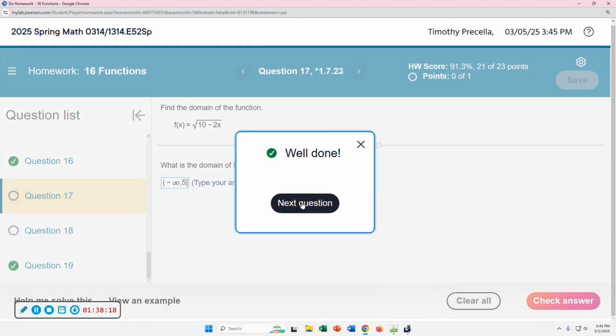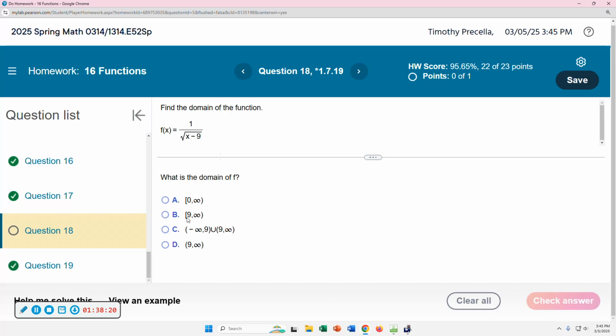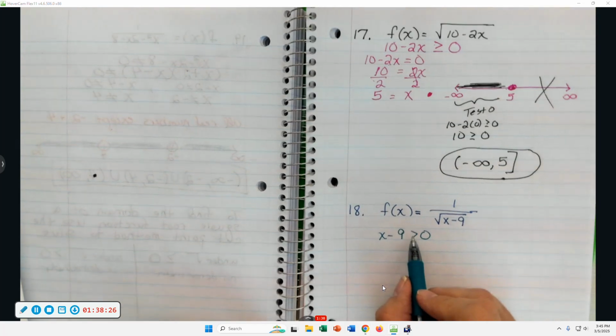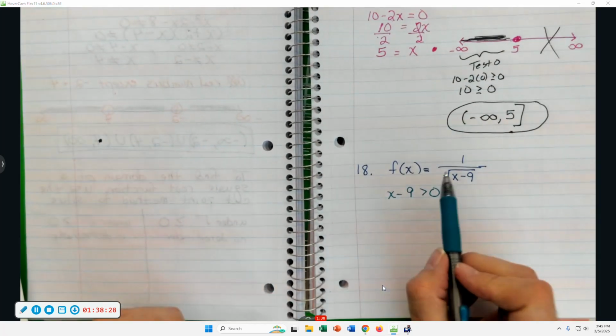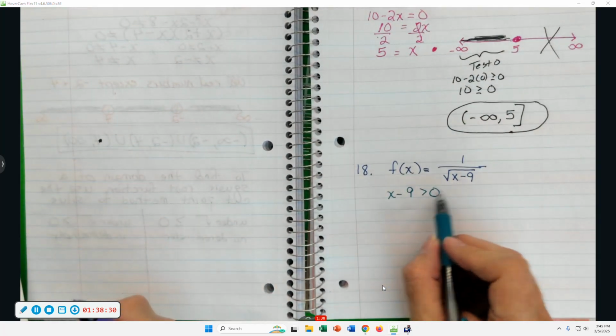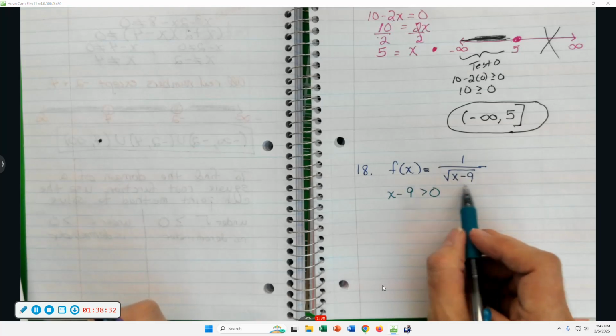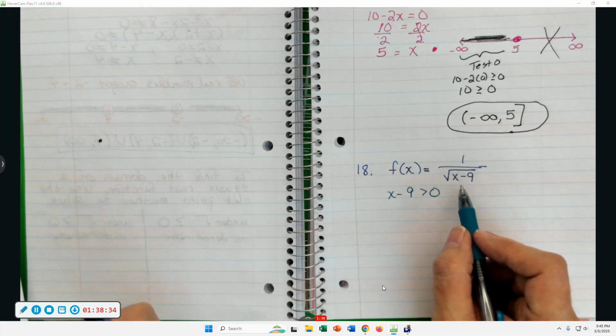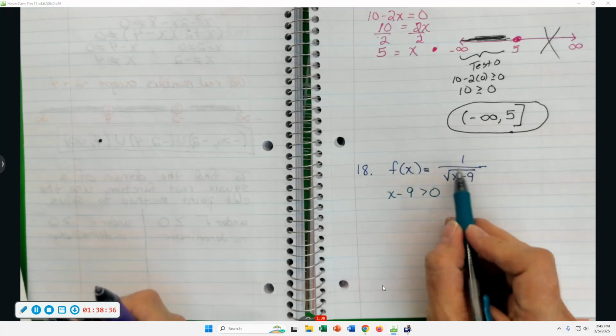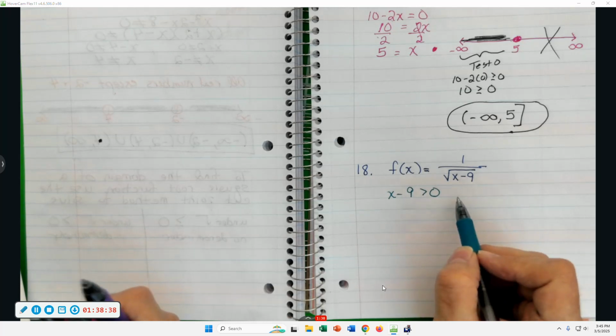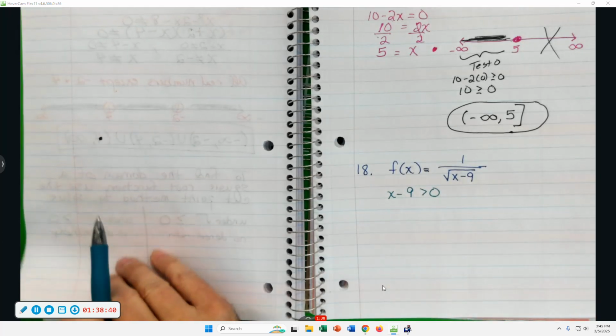And now number 18. Oh, this one's multiple choice. So we just want to know on this one, where is x minus 9 greater than 0? It can't be negative, because then you'd have an imaginary number. And it can't be 0, because then you'd have 1 over 0.